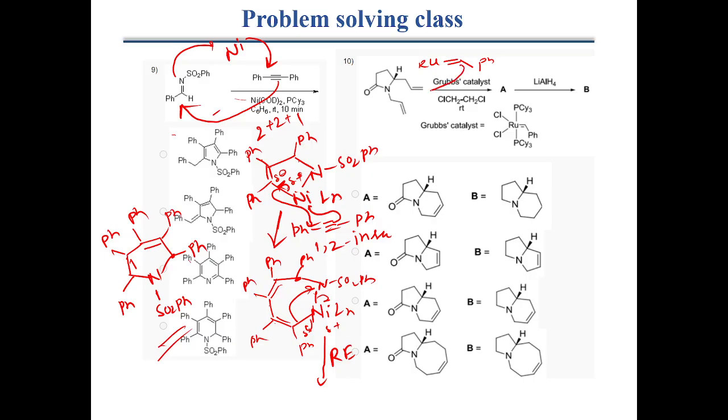So this will react this way, giving this four-member ring, a 2+2 cycloaddition. We all know in the Grubbs metathesis reaction, it first undergoes a 2+2 cycloaddition reaction.